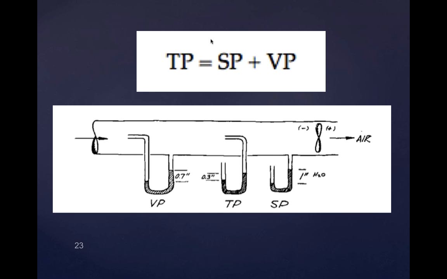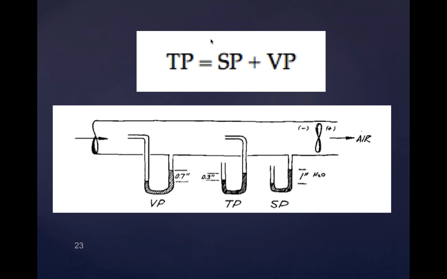So the velocity pressure is what sign on the suction side of the ductwork? It's positive. The suction pressure before the fan is positive or negative? Negative. So the total pressure when you add them together is a smaller quantity than just the static pressure. The total pressure is going to be equal to the velocity pressure plus the static pressure.